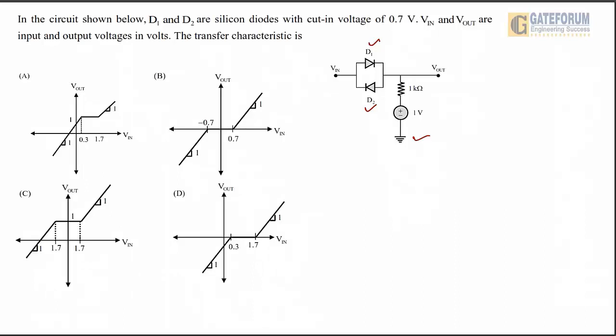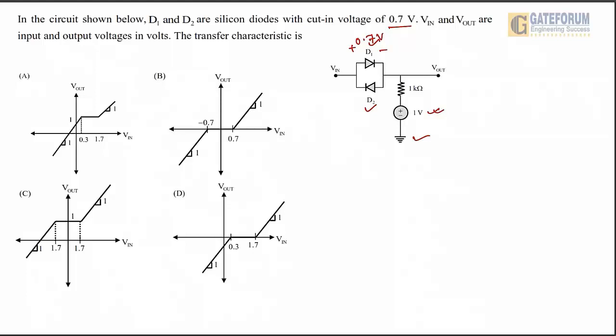So here as per the question, it has given their cut-in voltage is 0.7 volt. It means this is having a polarity of plus minus 0.7 volt. It will take the drop when D1 diode is in the conducting state, and here this is supported with the 1 volt of this DC source.